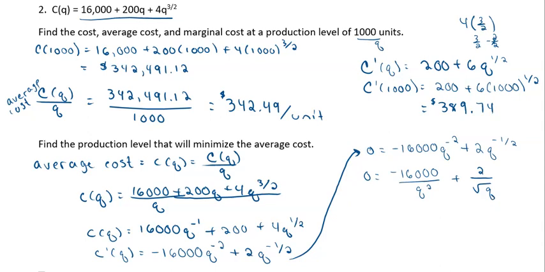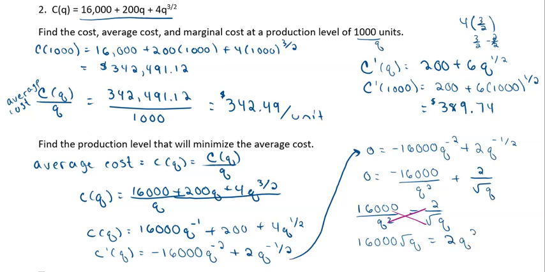One benefit of putting it like this is when we move the minus 16,000 over Q squared to the other side by adding that whole term, we can cross multiply. Because we have the fractions here, we can cross multiply, which will give us 16,000 times the square root of Q equaling 2 times Q squared.